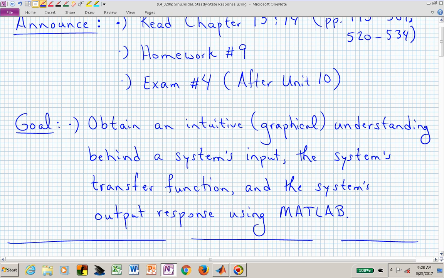to generate so that we can start to see what happens if we hit a system with an impulse, if we shake a system at a particular frequency, if we excite a system with an exponential waveform, what's going to result at the output? We already know how to solve that.